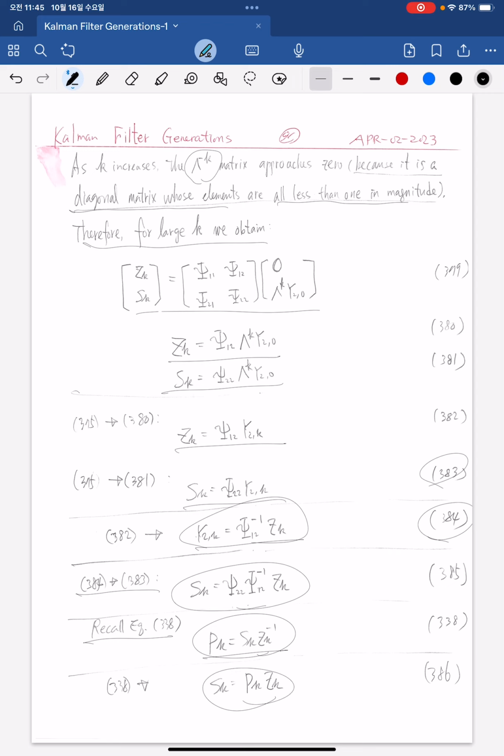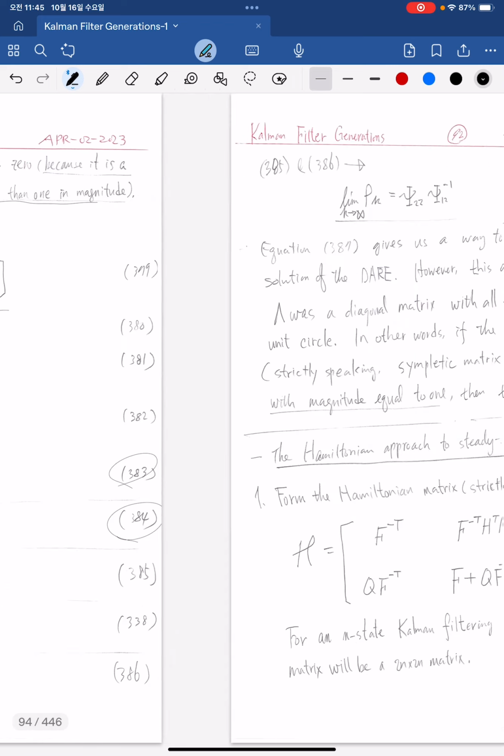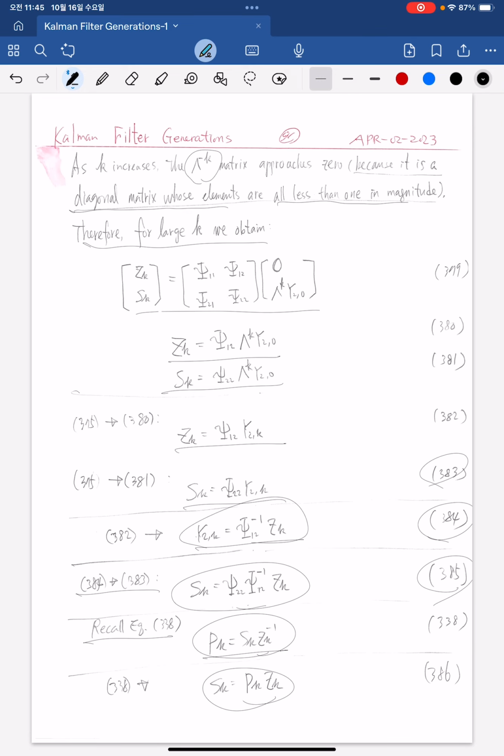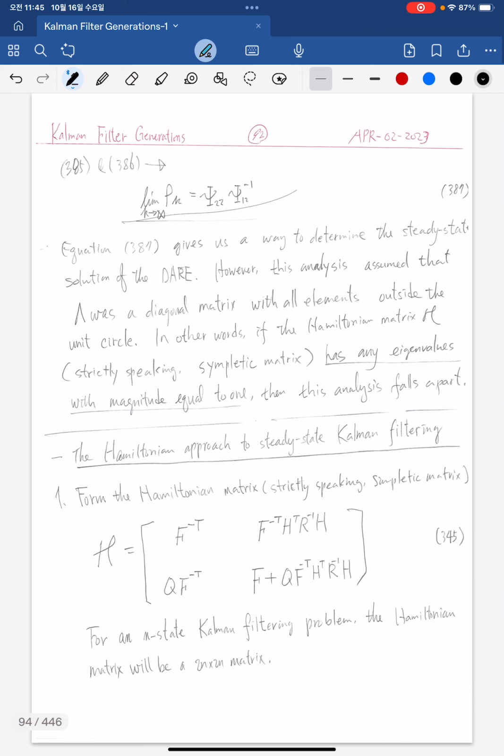SK는 이렇게 되고 385, 386에 보면은 그 PK가 무한대로 가면은 결국 이걸로 왔다. Equation 387 gives us a way to determine the steady state solution of the DARE, discrete algebraic Riccati equation.